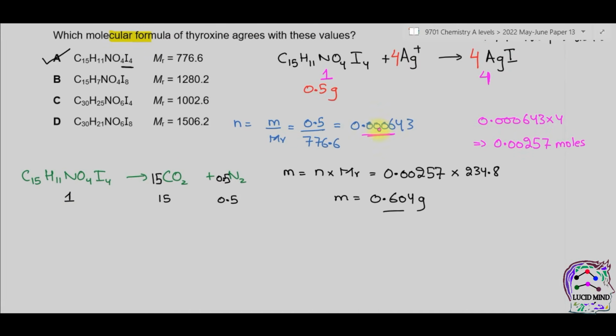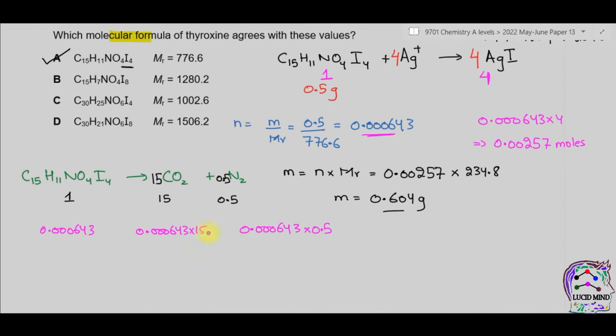We already know the number of moles of thyroxine, 0.000643. So if it is 0.000643, then the CO2 should be 15 times of this one, so 0.000643 times 15, and the nitrogen should be half of this one, so 0.000643 times 0.5.